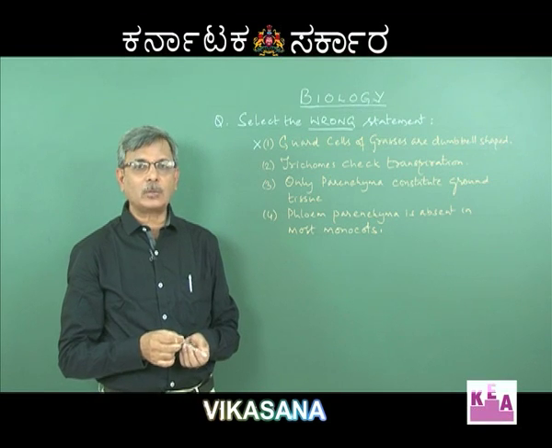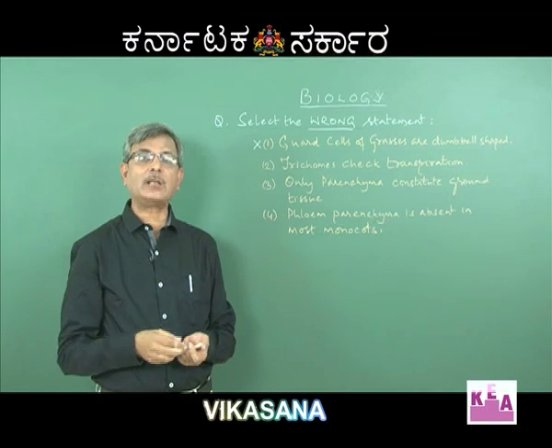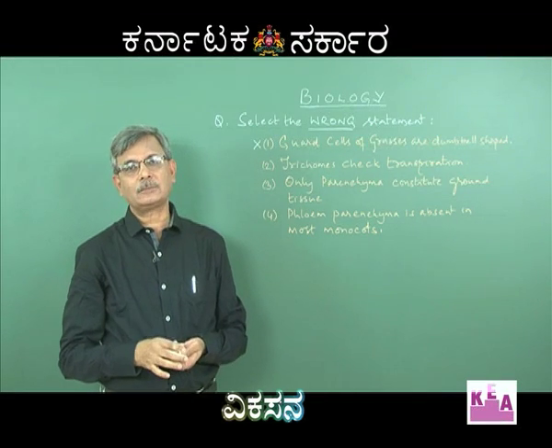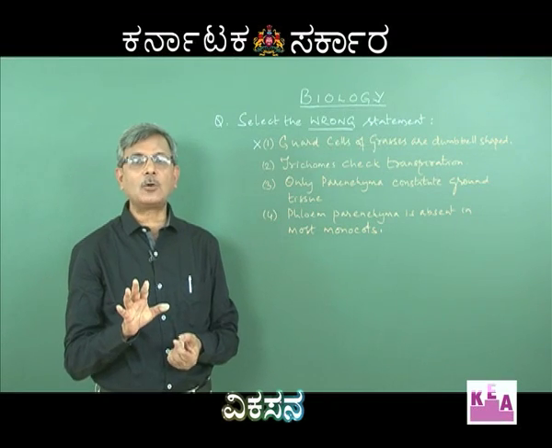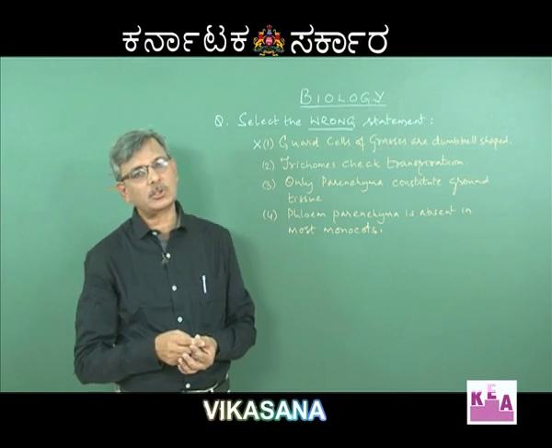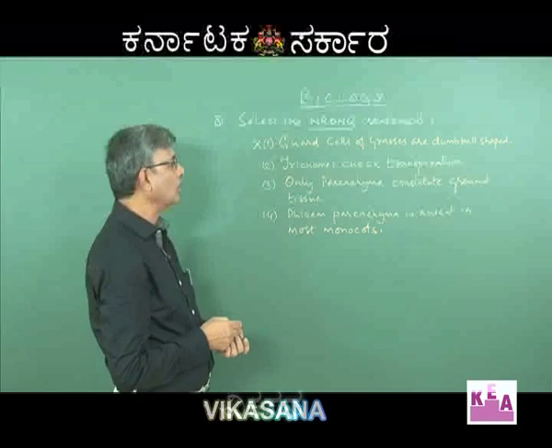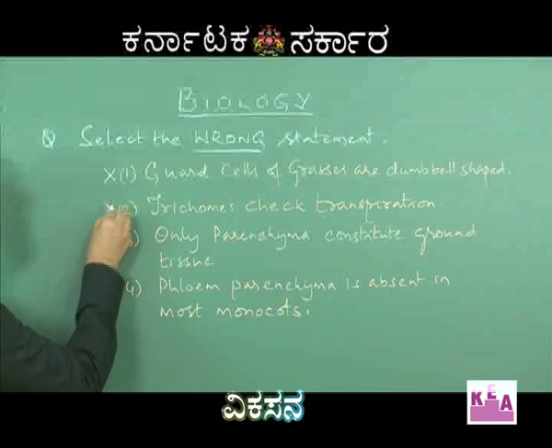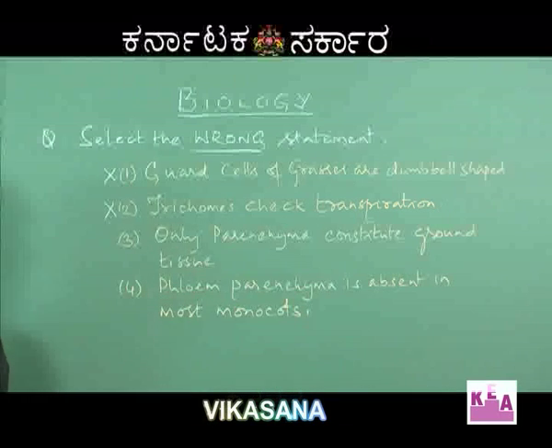Trichomes are multicellular epidermal hairs, branched or unbranched, and they have a coating of cuticle. So they do not help in transpiration, they check transpiration. So option 2 is a right statement and we are looking for the wrong statement, thereby it is not our answer.